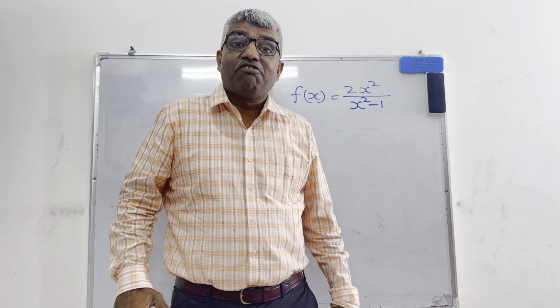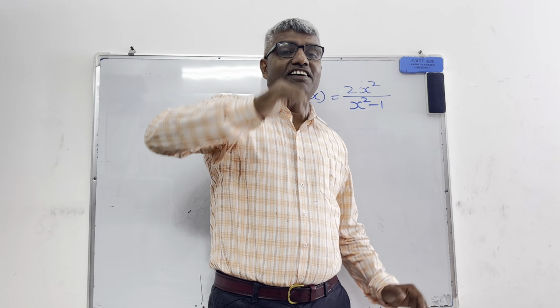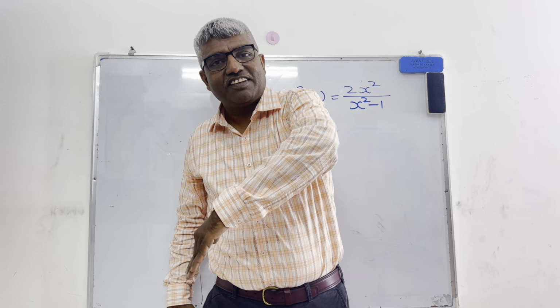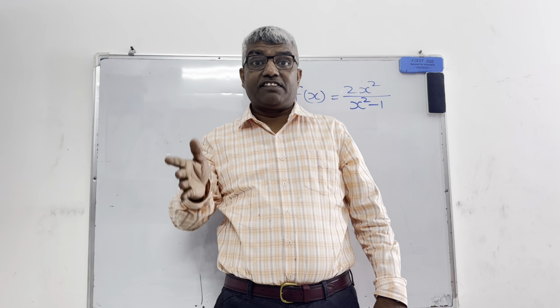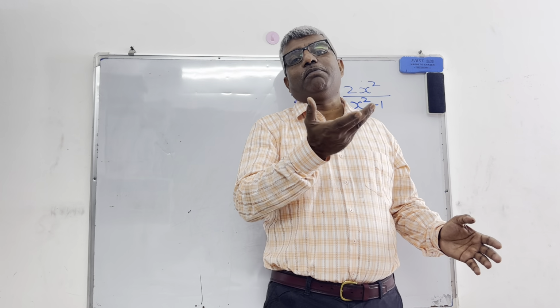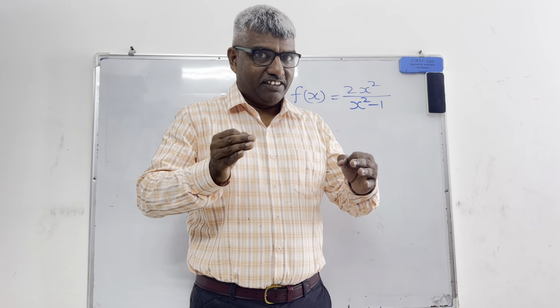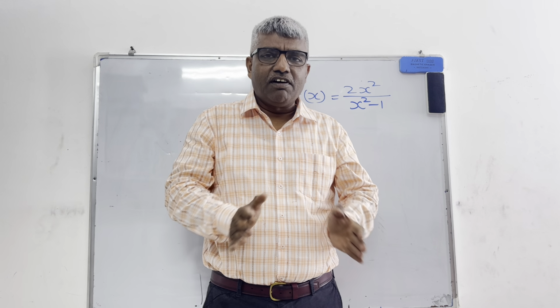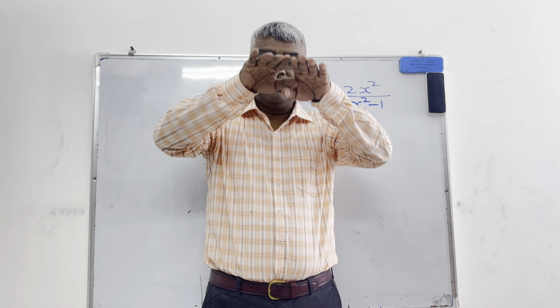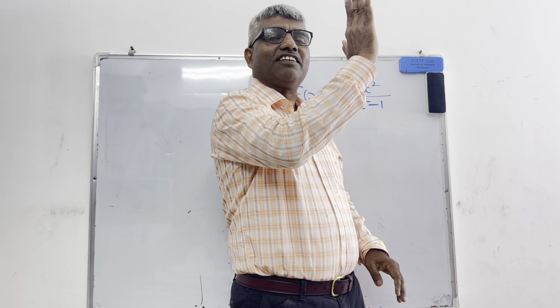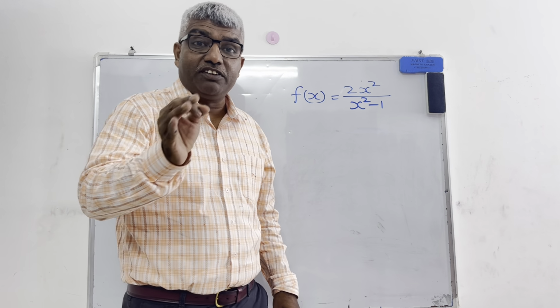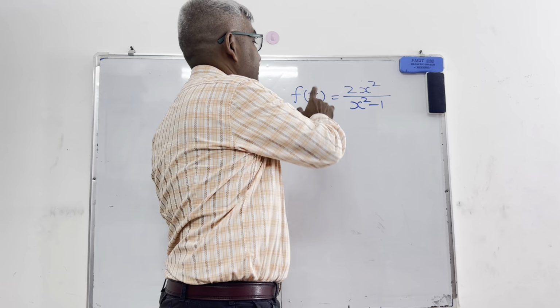Fifth, find the intervals of increase or decrease. Sixth, local maximum or local minimum. Step number 7, concavity up or concavity down and point of inflection. Okay, we are going to see the 7 steps here.